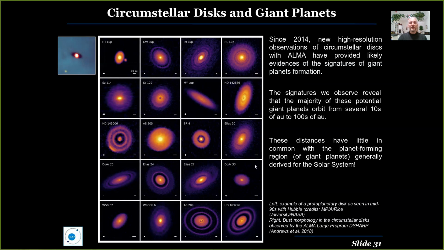So the giant planet formation region in disks that is suggested by these images is much different from the one that we would have expected from the structure of the solar system, and suggests that large-scale migration could be a common stage in the life of planetary systems, given also the widespread presence of planets at very close distance from the stars revealed by the exoplanets.